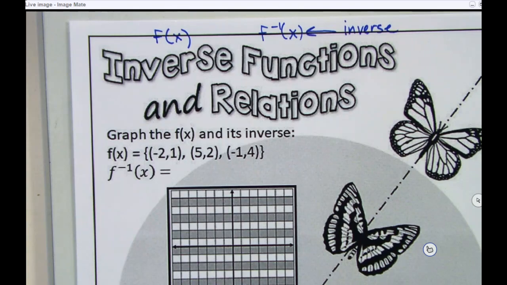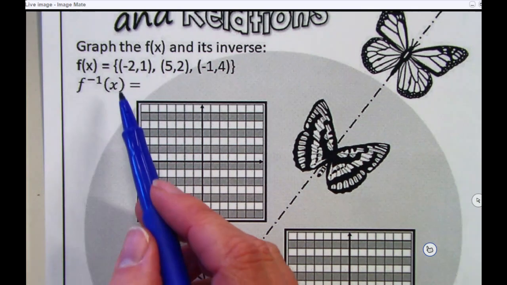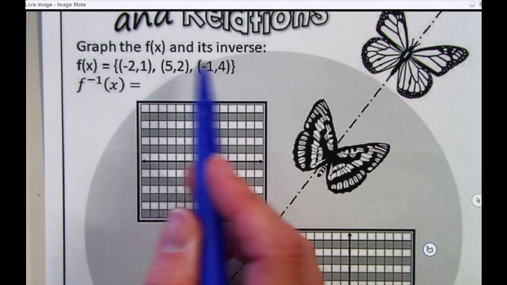Inverse function. Now, I think the first thing I want you to do is take a second, and I want you to plot these points.